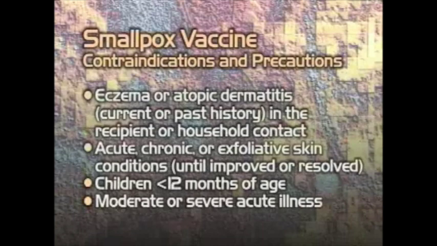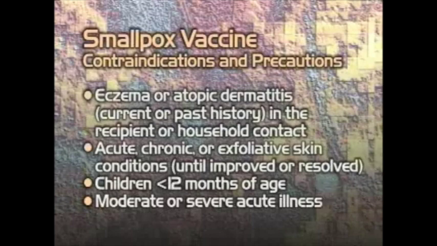Smallpox vaccine should not be administered to persons with a diagnosis of eczema or atopic dermatitis, including eczema or atopic dermatitis that is not currently active, or a person who has a household contact who has eczema or atopic dermatitis or a history of these conditions.